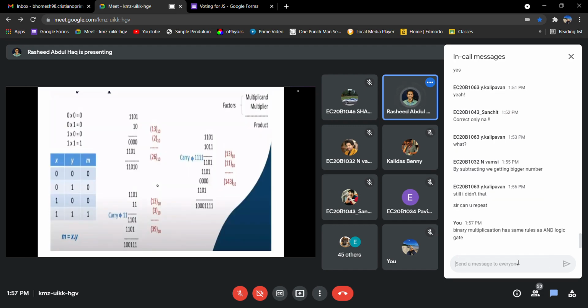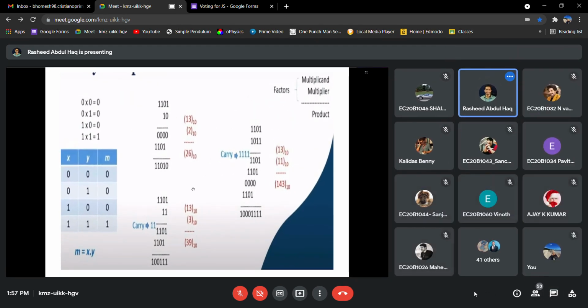So just like in decimal, we can do the multiplication here also. You all are familiar with the decimal multiplication system, right? So in the first case, 1101 is multiplied with 10. Okay. So first we will multiply, we will get 4 zeros. And when we multiply 1101 with 1, we will get 1101 itself.